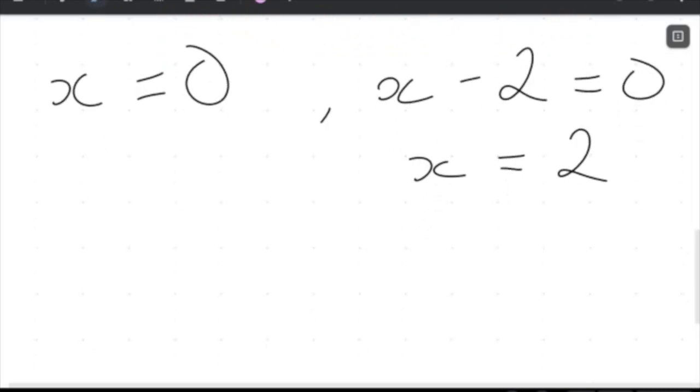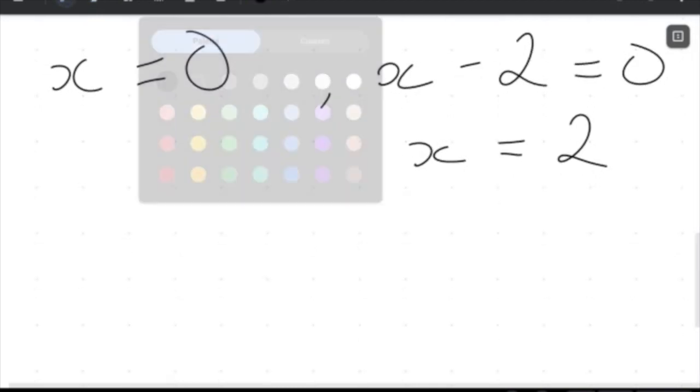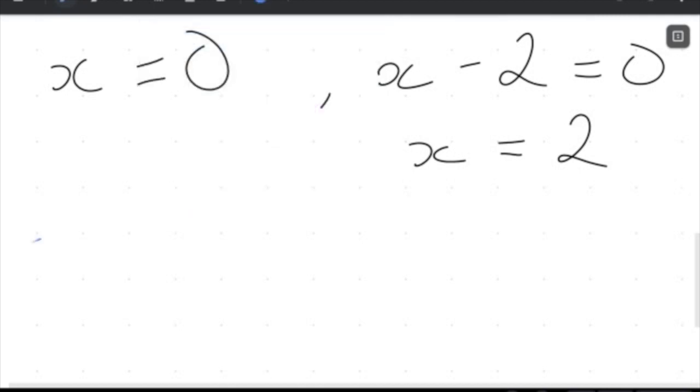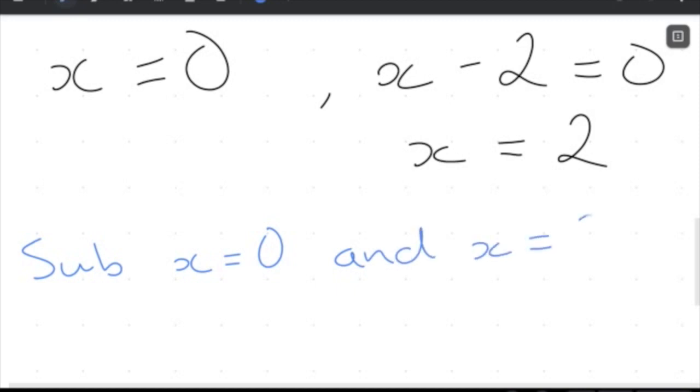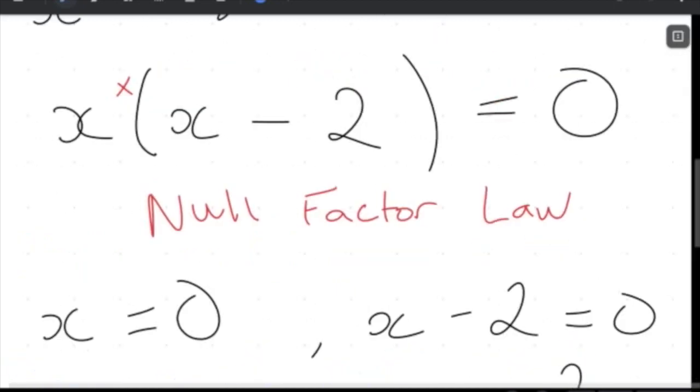And once I have these two solutions, well, I have two x coordinates where my parabola intersects with my line. Therefore, I'm going to have two intersection points. And I can figure out what these are by substituting x equals 0 and x equals 2 into one of my equations.